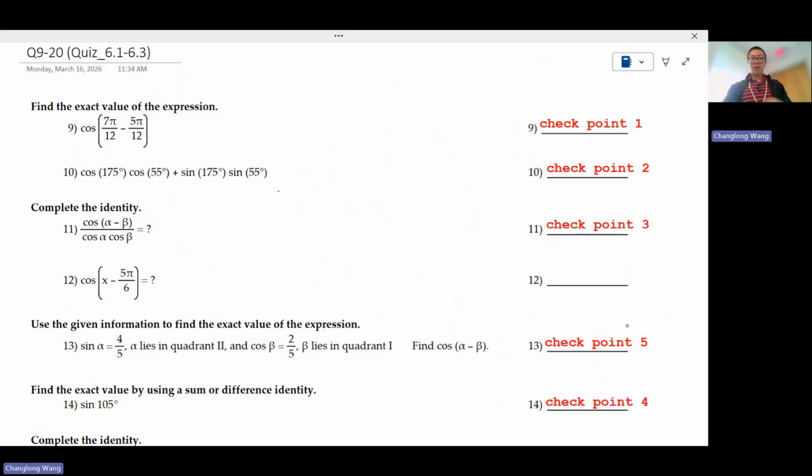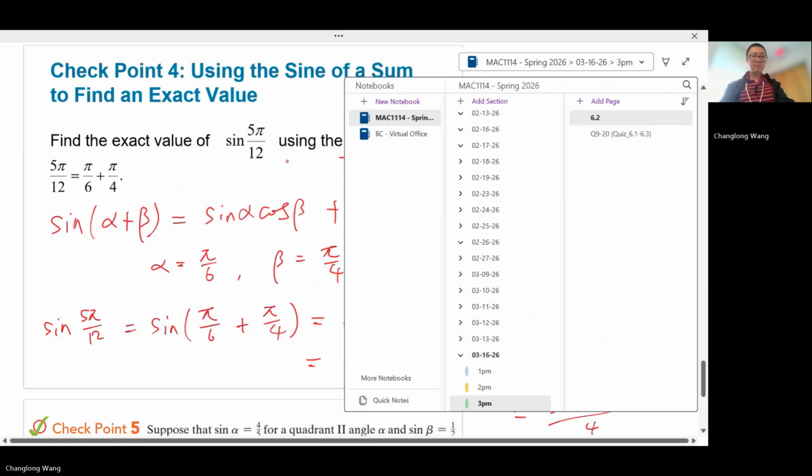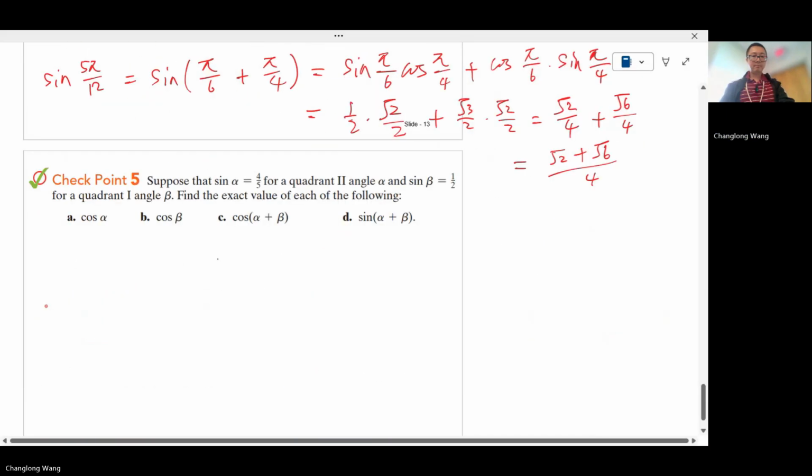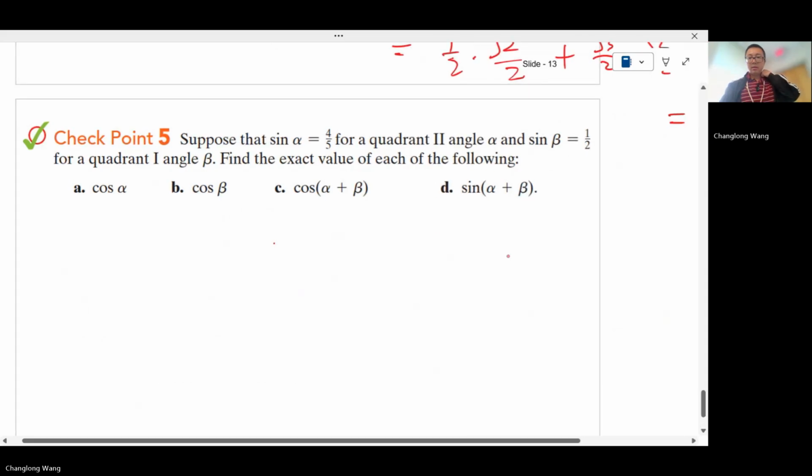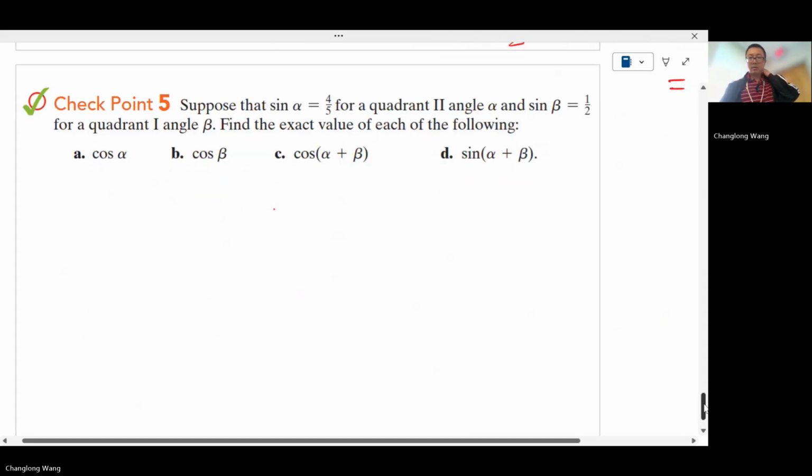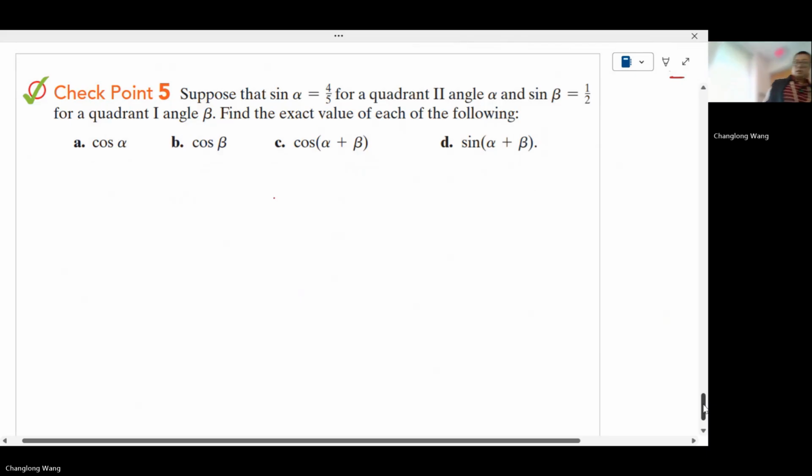Okay. But as you can see that there's some questions that require checkpoint 5, right? So let's take a look at checkpoint 5. So here they are asking us to figure out all these functions involving sine, cosine, alpha plus beta, or some other combinations.